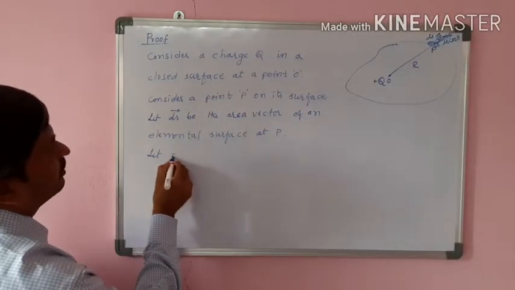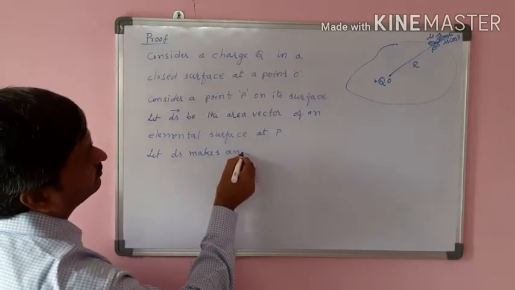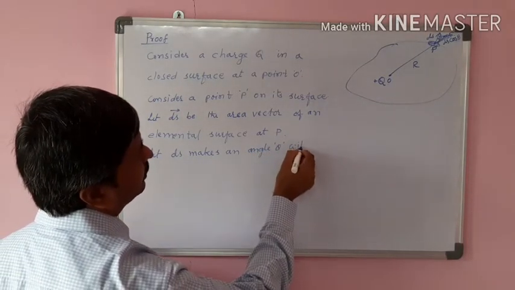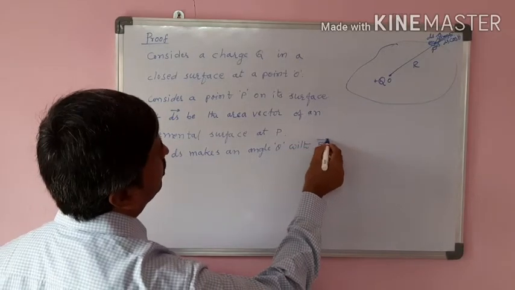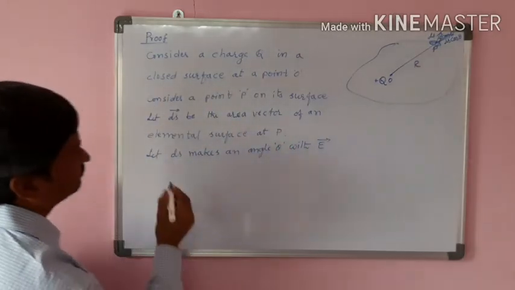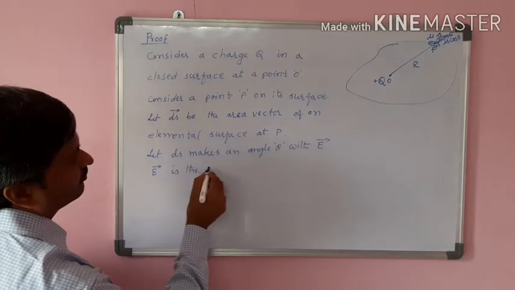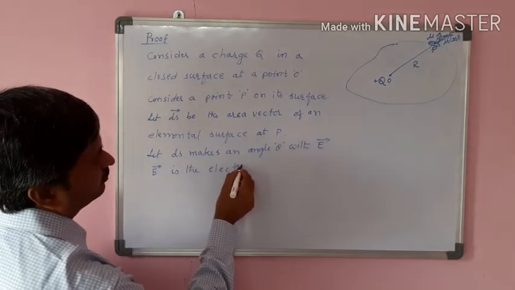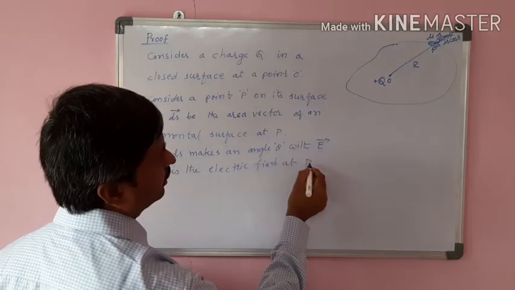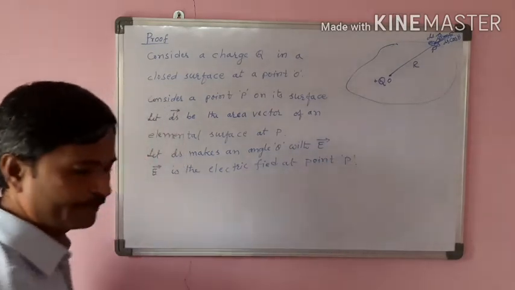Let ds make an angle theta with E bar, where E bar is the electric field at P. Fine.